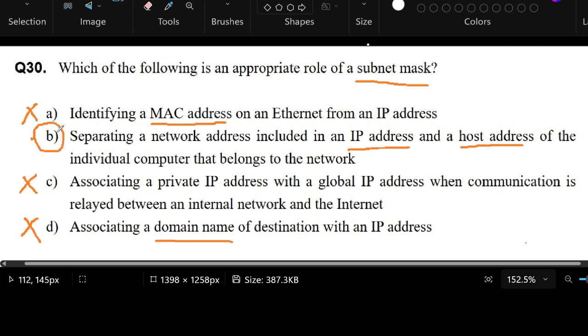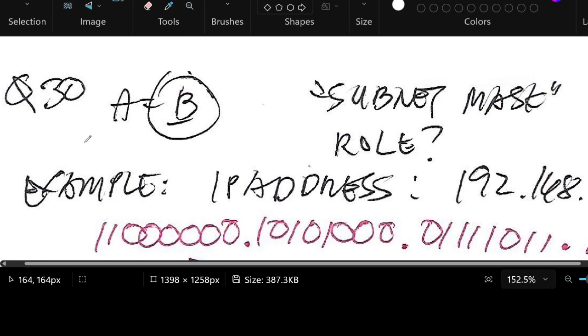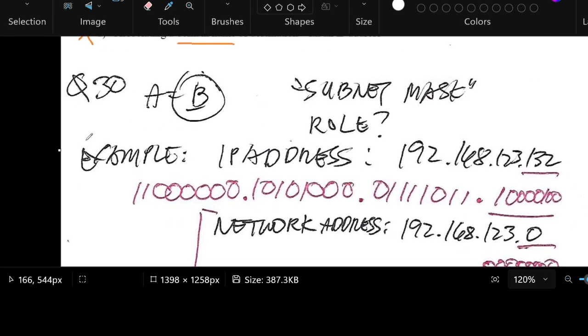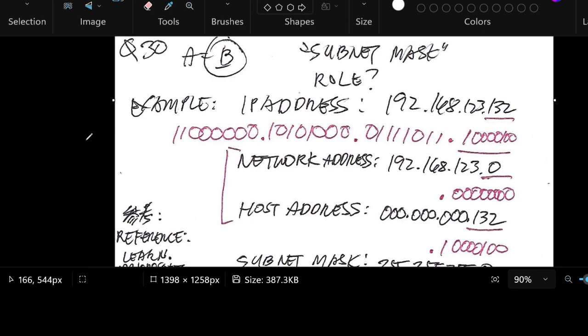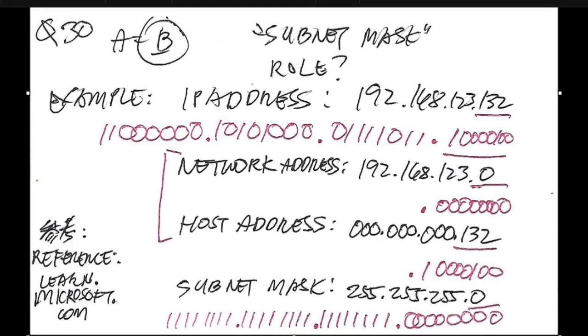And to explain this further, let's look at my notes. Okay, so for example, if we have this IP address and we turn it into binary ones and zeros, we'll get something like this one. And then we can divide it into parts.